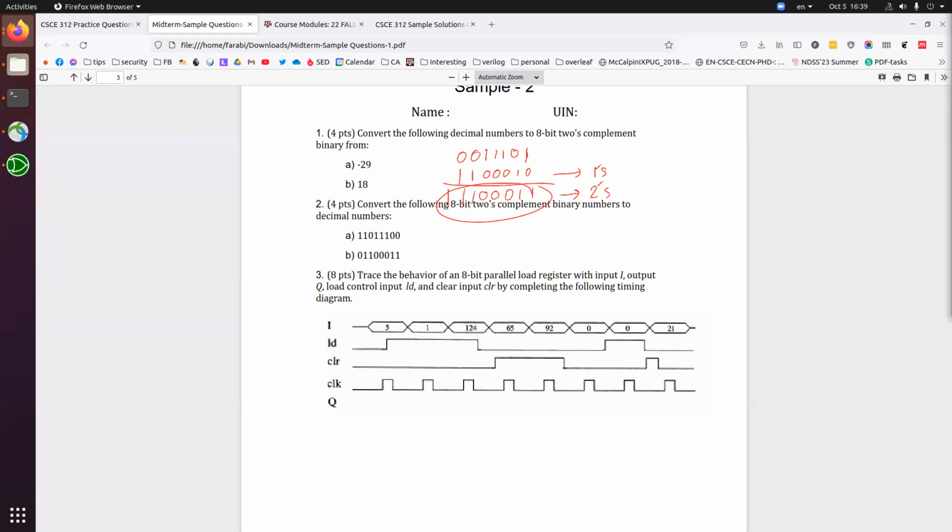Yes, that's 2's complement. So if it was not a negative number, then we wouldn't need the sign bit to be 1. The sign bit would be 0 in the other case. Do we have to have 7 numbers at the beginning? No, since it's 8 bit, you have 7 bits for value and the first bit is for the sign. If it's 16 bit, then you have 15 bits for value.